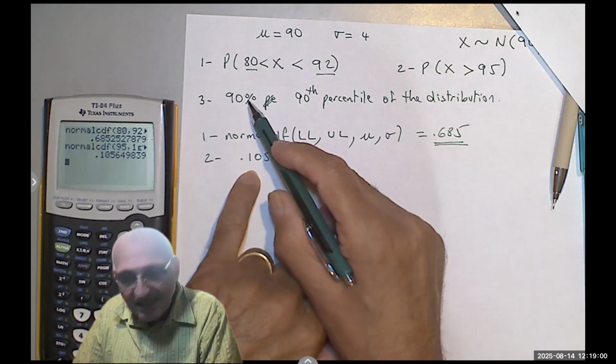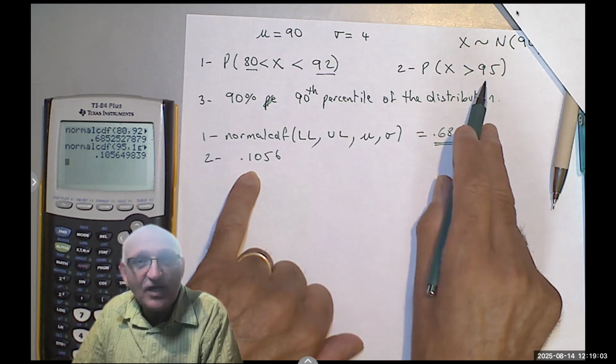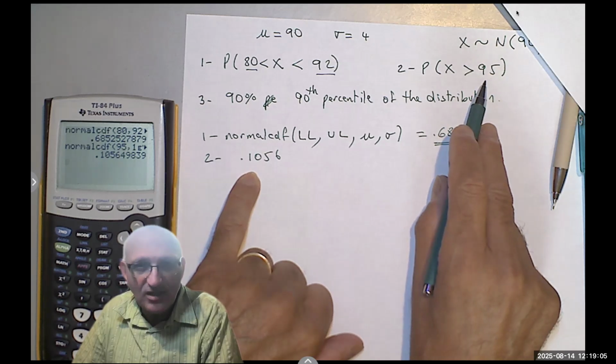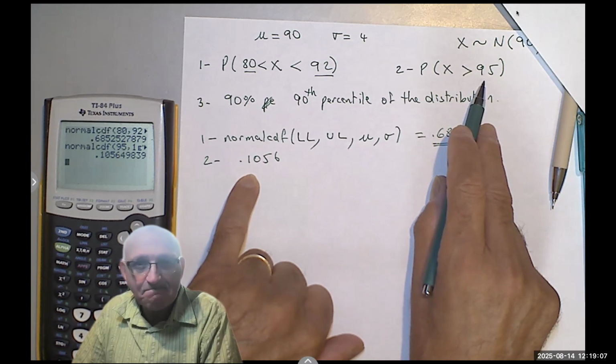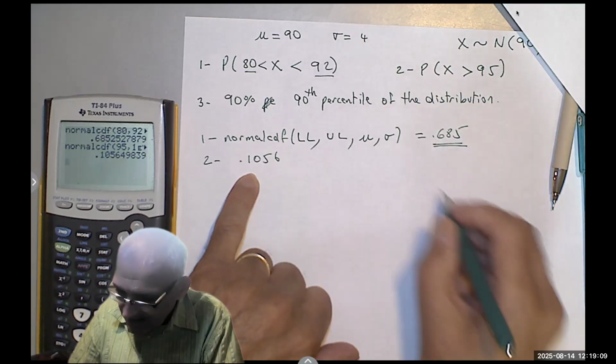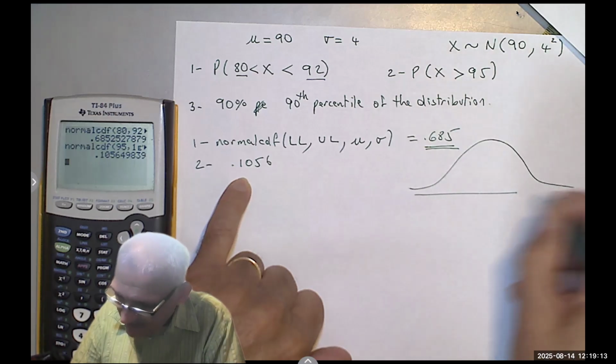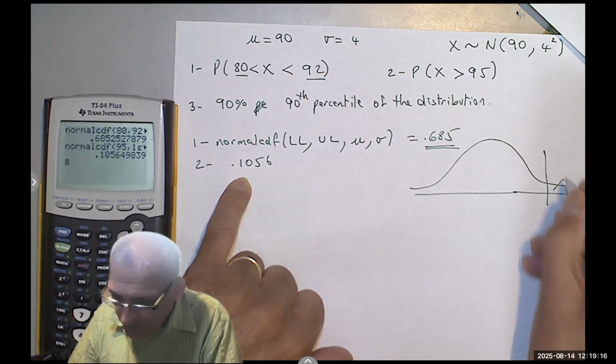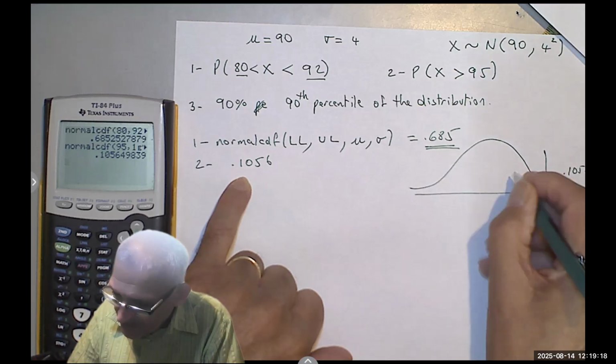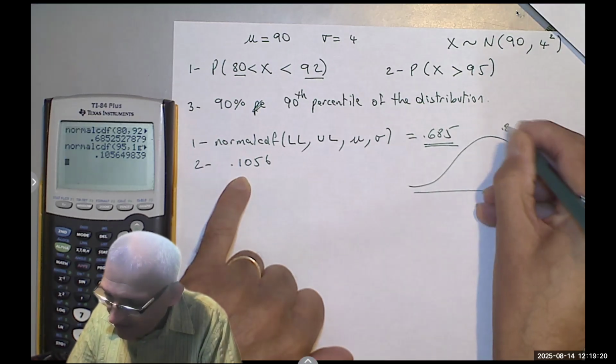So I expect the 90th percentile to be very close to 95. Do you understand what I'm saying? This guy has an area such that this is 0.1056. So this area is 0.8944.